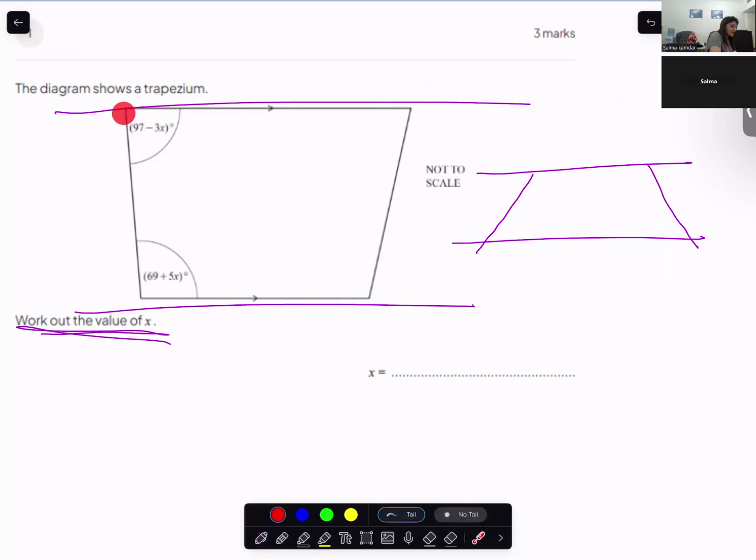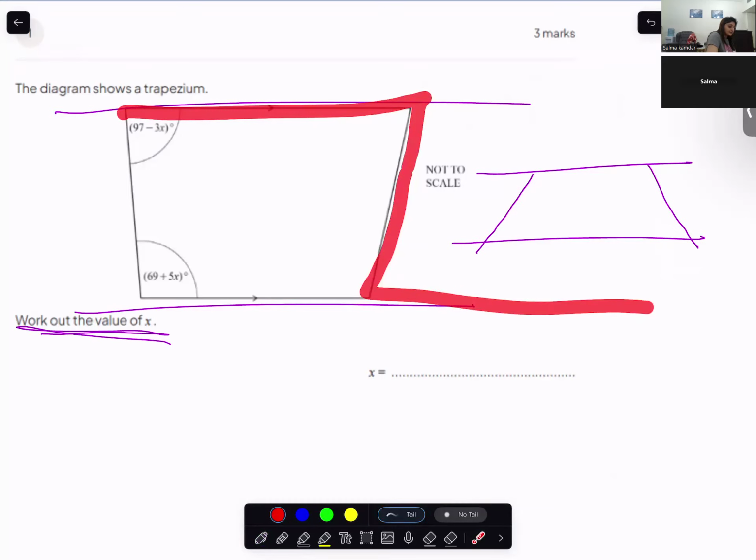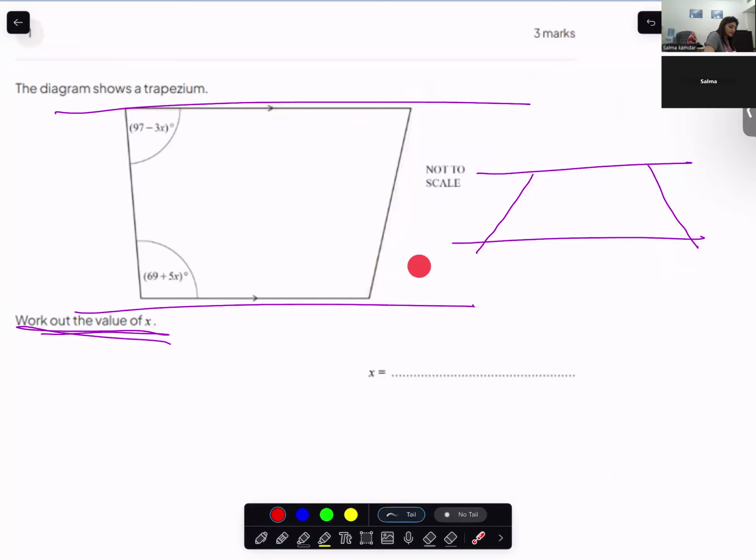If this line is parallel to this line, it means this angle will be equal to this. Let's see Z. Or I could say sum of these two makes a C. So sum of these two will make it 180 degree.